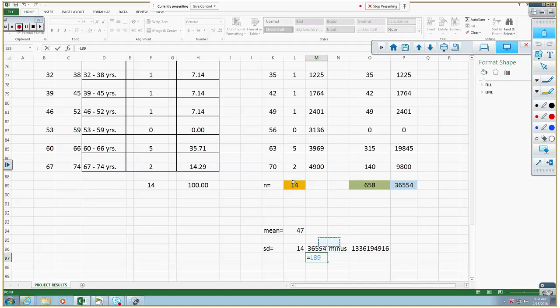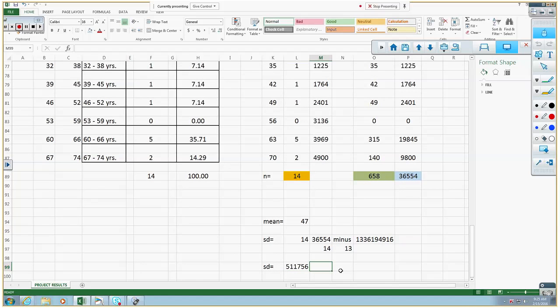Oops, sorry, hold on. Is it already time for class to be over? Dadgummit. Well, let me finish this before y'all leave. Standard deviation is equal to, and that's equal to this guy times this guy. And then, of course, minus, wrong. How do I know something's wrong?